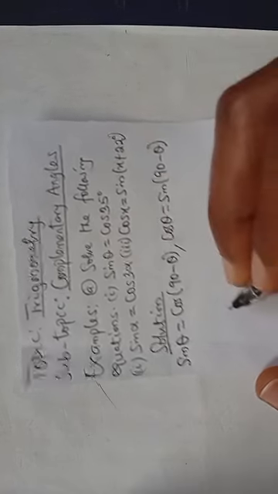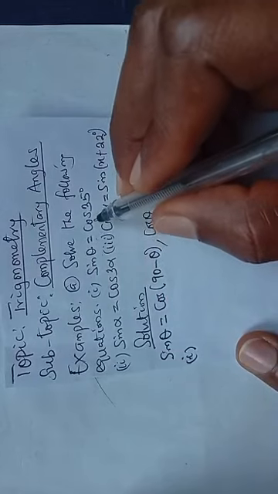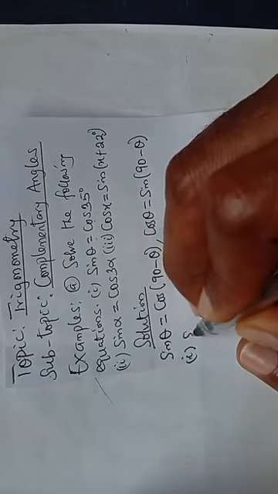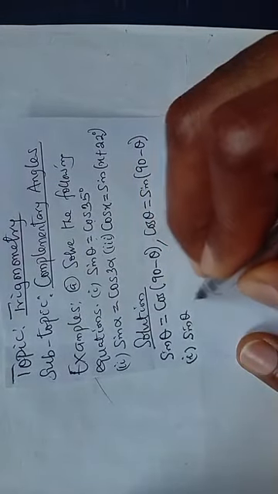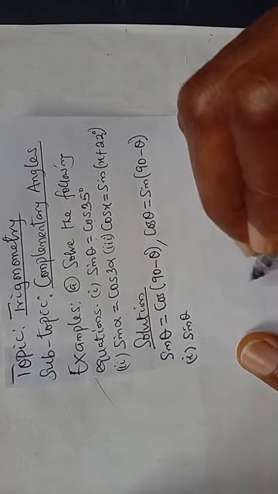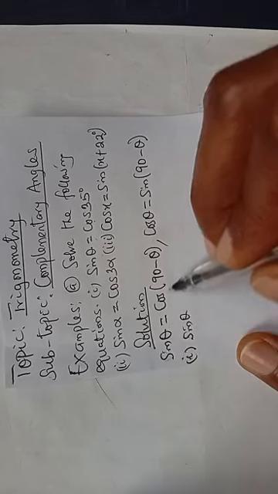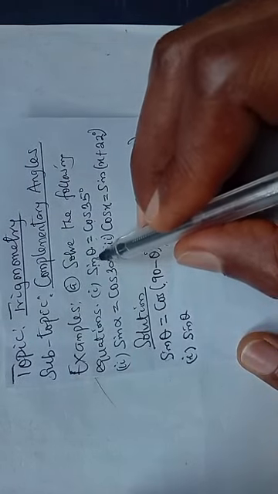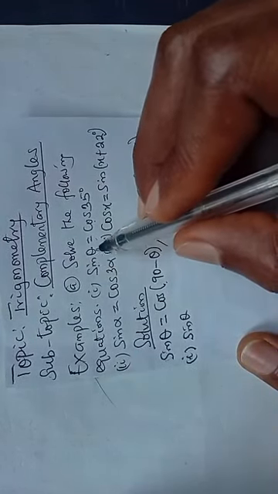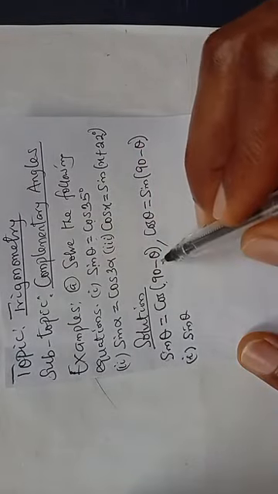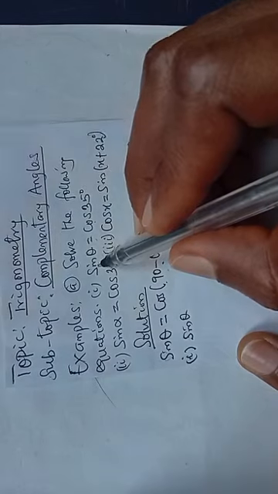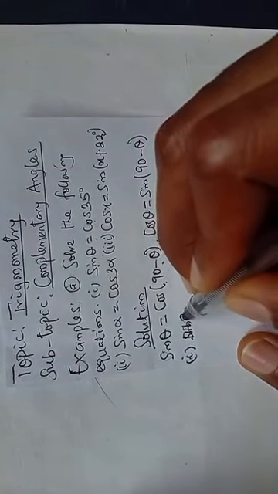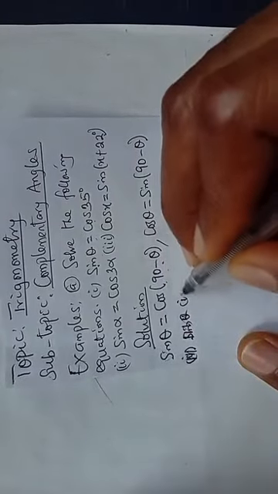Now let's solve. The first one says sine theta is equal to cos 35 degrees. We recall that sine theta is equal to cos into brackets 90 minus theta, so I'm going to use this to replace sine theta.